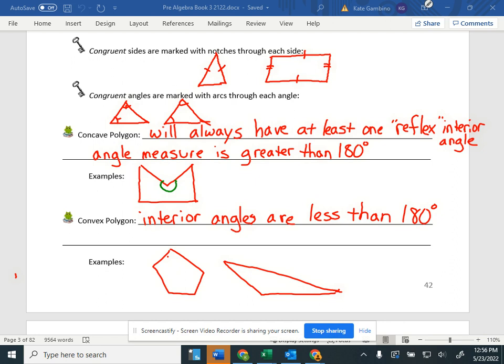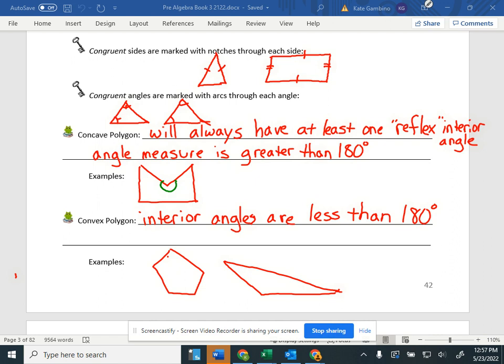Because we have that greater than 180, it is a concave polygon. So you can't be a concave and convex polygon at the same time because we're looking at all of the angles. So it's either going to be one or the other. Okay, so we're going to have some smaller angles, but it's still concave because one of them is too big. That was a good question. Any other questions?